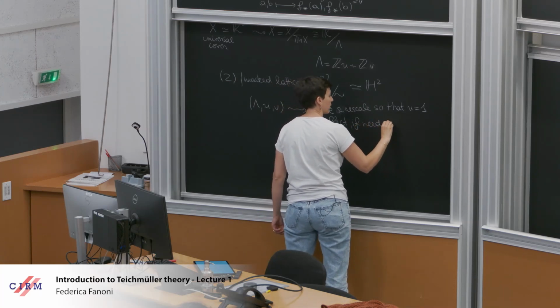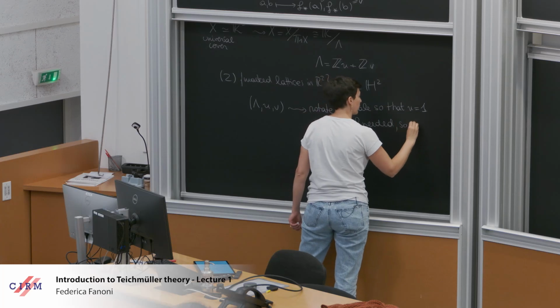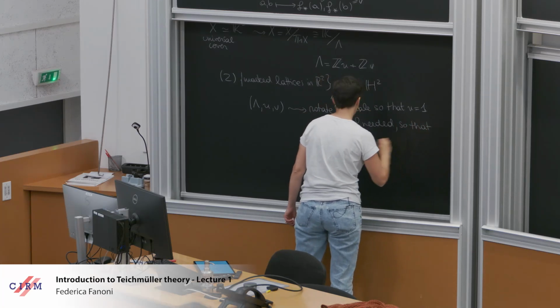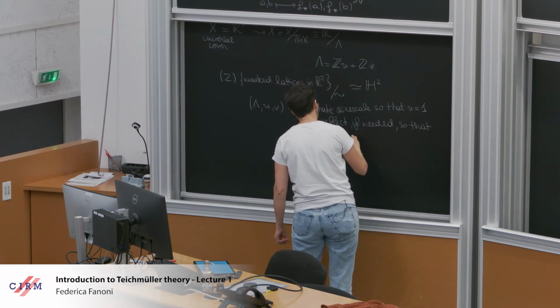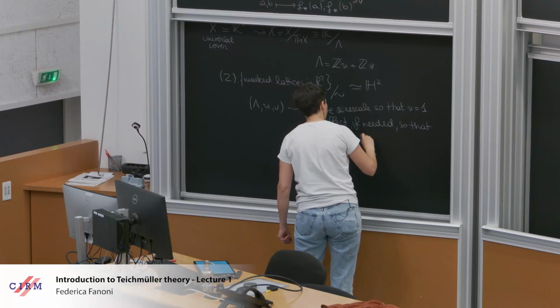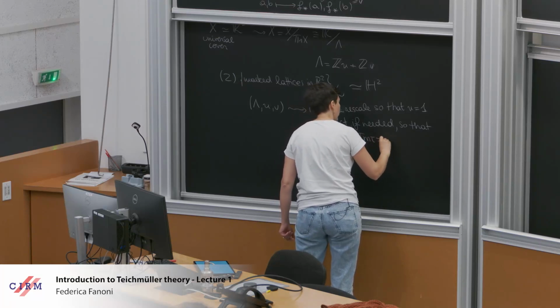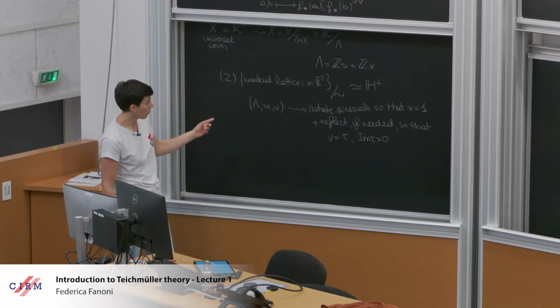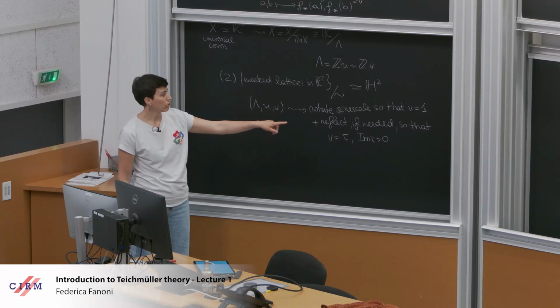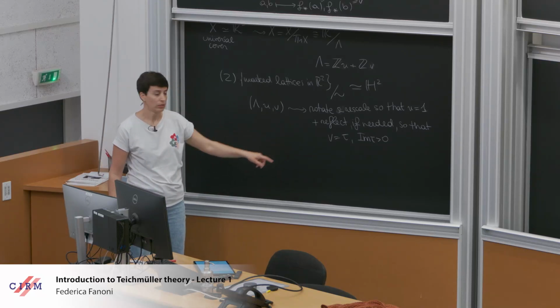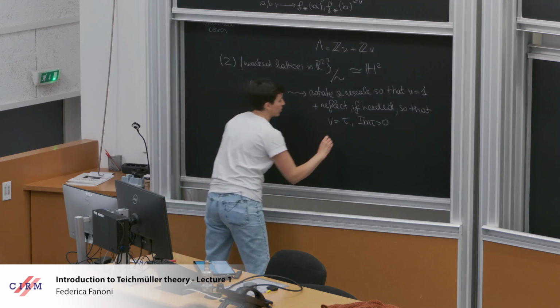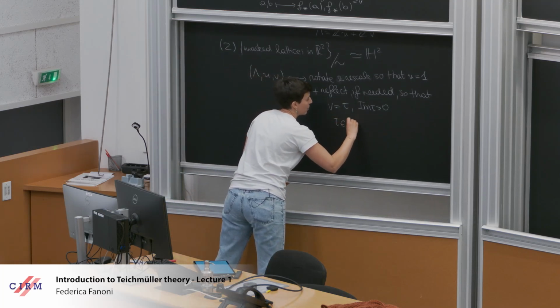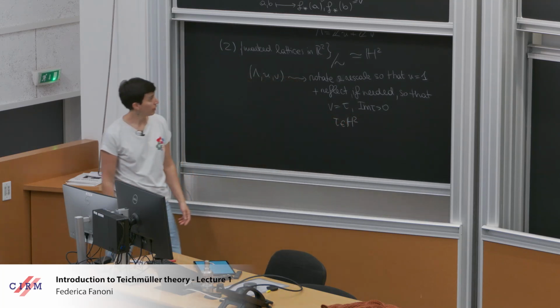So if needed, v is actually a tau where the imaginary part of tau is bigger than 0. And so now you have an obvious way of identifying this to this tau. So this means that tau is in H2.